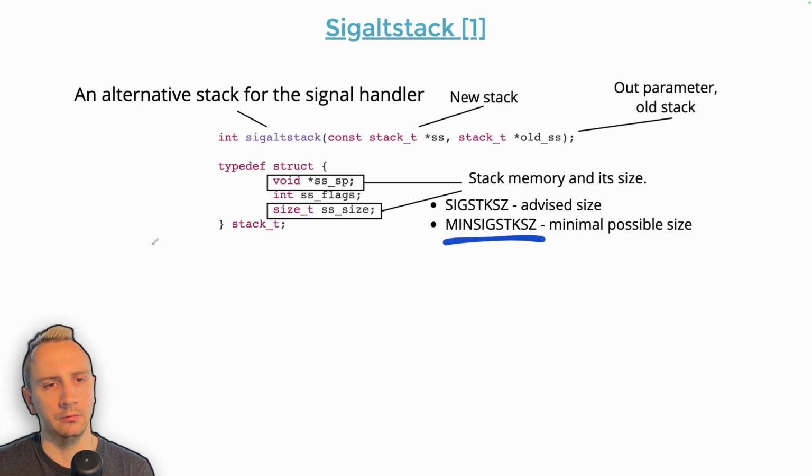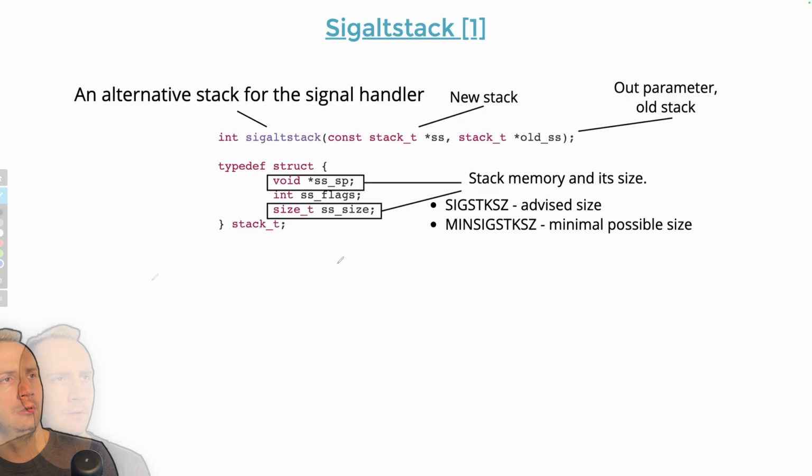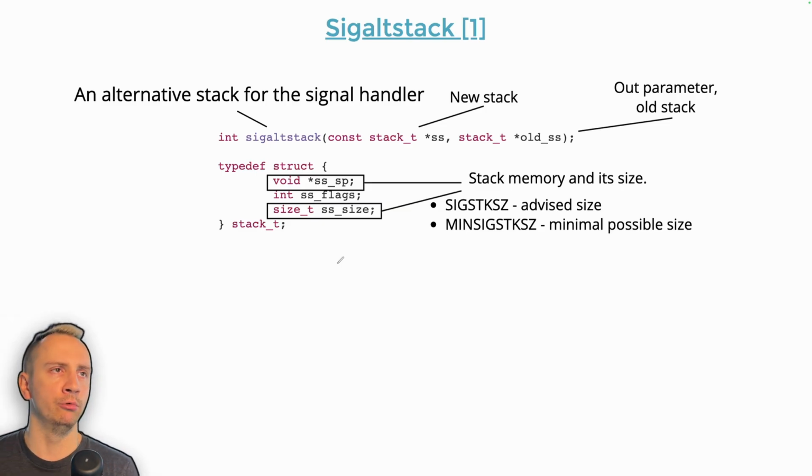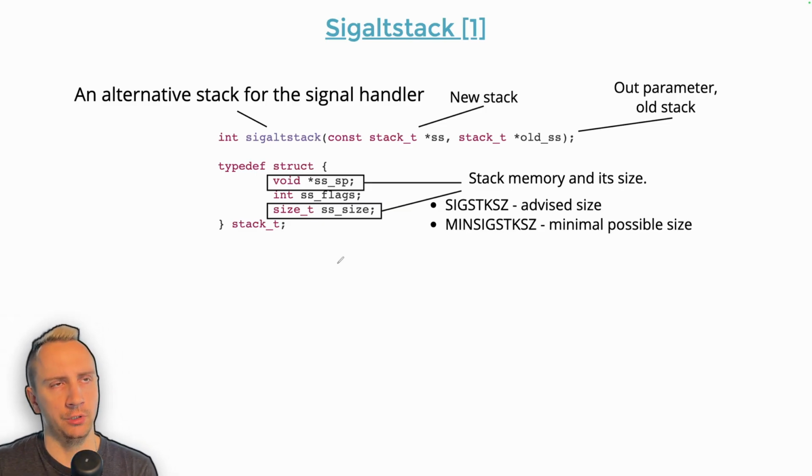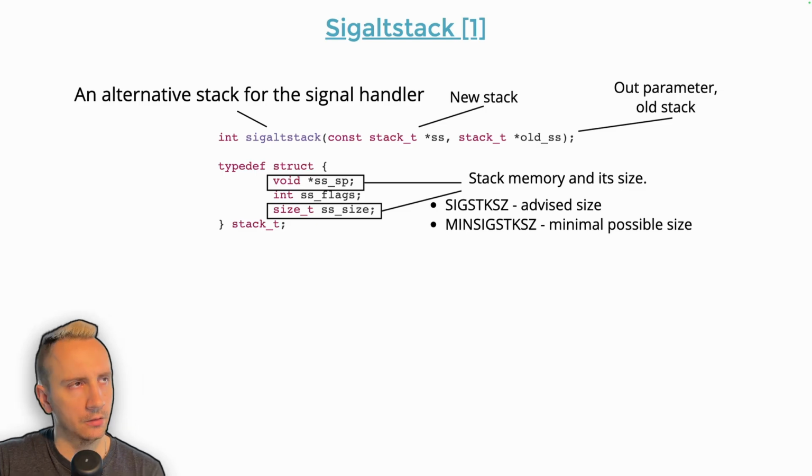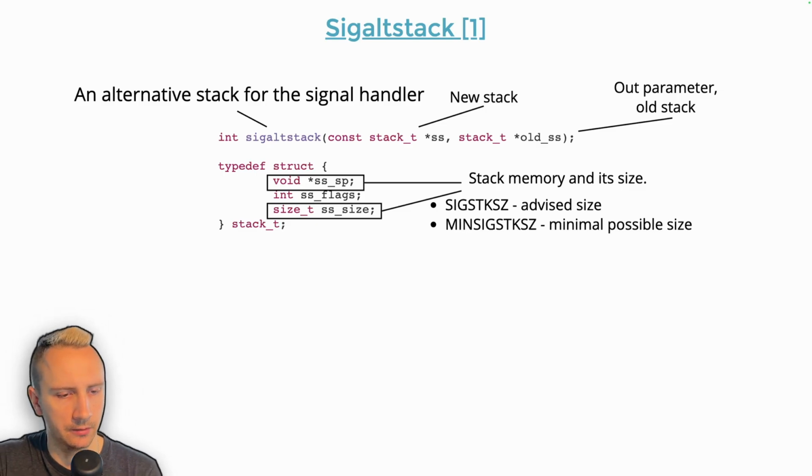But again, I honestly don't know which guarantees they give. Normally, how I would do it, I would choose some constant of my choice, like 1 megabyte or 16 megabytes, I don't know, and take the maximal value between my value and this one. So it's at least advised, but most likely will be even bigger, and then I will have more freedom to do what I want with this stack.